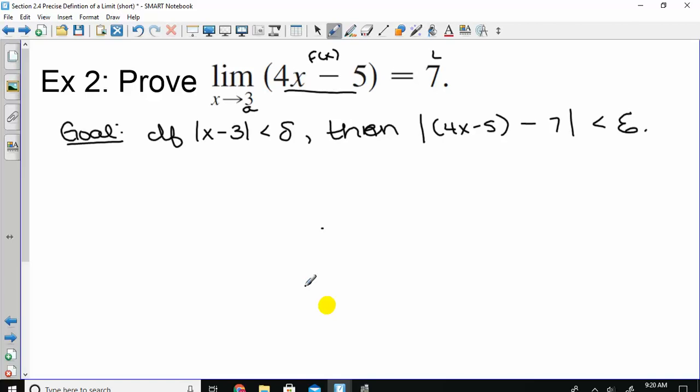I'm plugging those things in. So we are done when we have proven this statement is true. That is my goal. To do that, we have to first find delta.